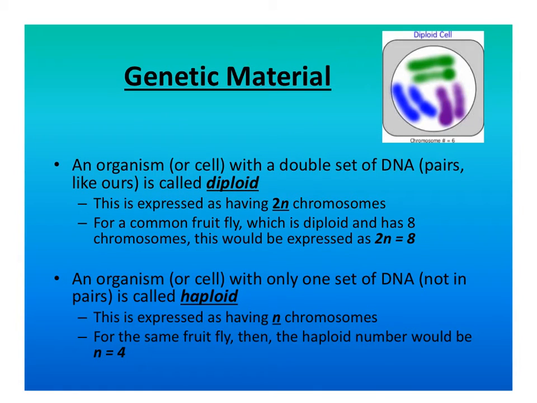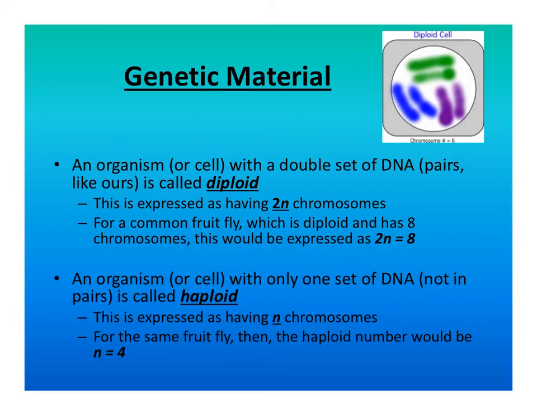Now an organism, or sometimes we just talk about a particular cell by itself, that has a double set of DNA, so paired up like ours, like we just saw in the last slide, we call this a diploid organism, or a diploid cell.